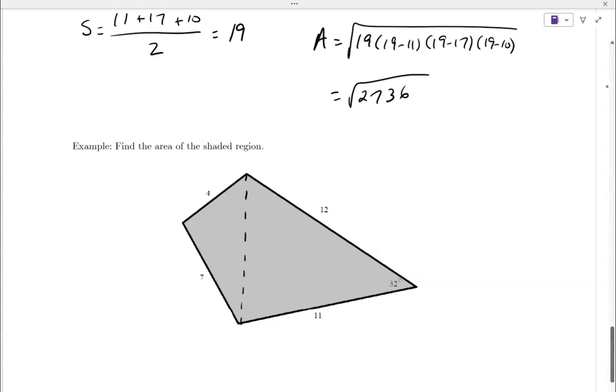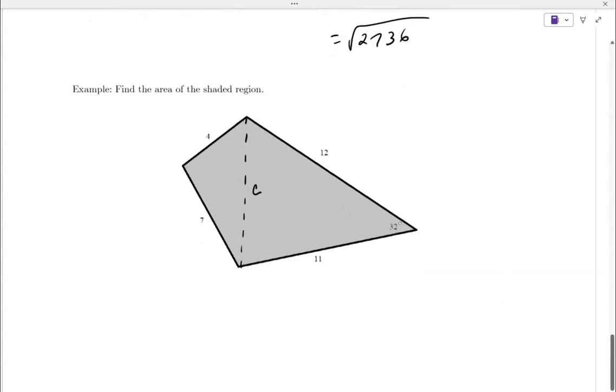How would I find the length of that side? Say I call it C. Well, if I had a right triangle, I could use a trigonometric function, but I don't know that I have a right triangle, but we do have another formula we could use.